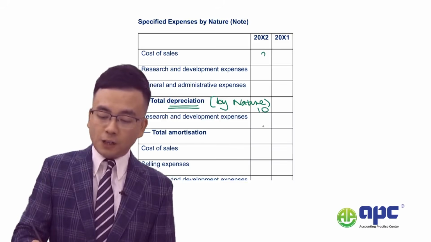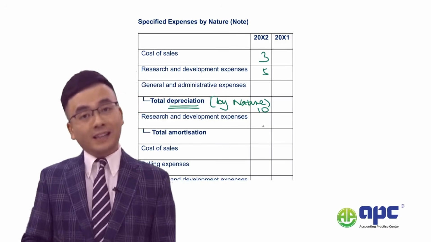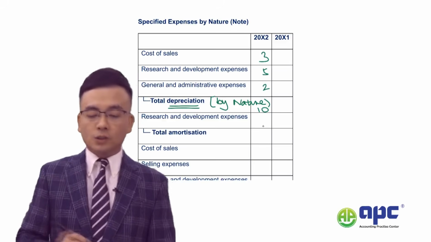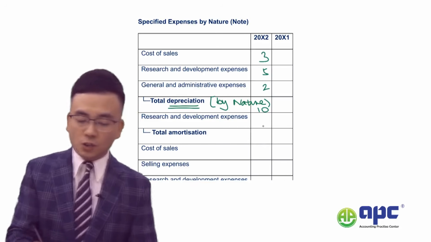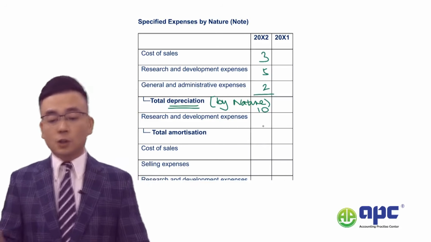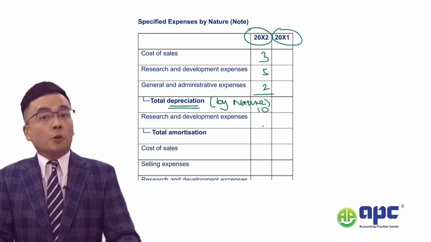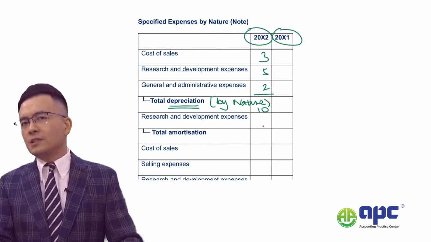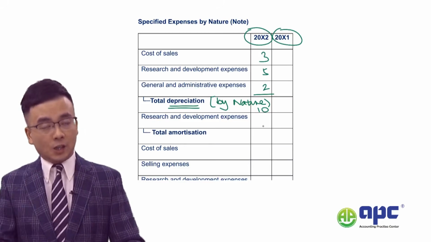So $3 goes into cost of sales, $5 goes into R&D, and $2 goes into the admin department. So the total would be 10. And of course, you also need to state the comparative for comparison purposes. Okay, so this is an example.